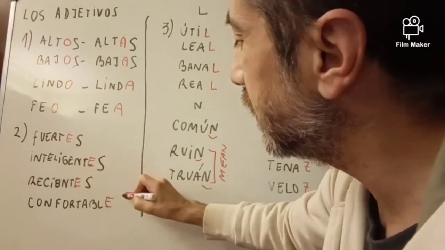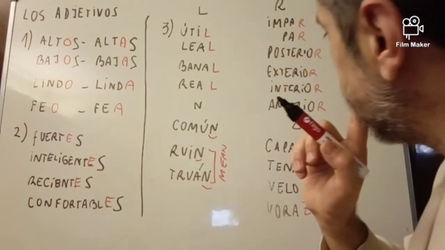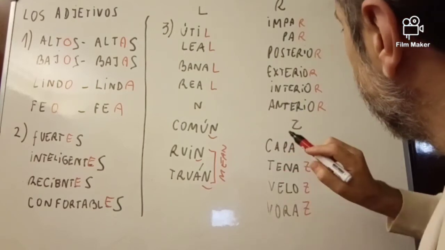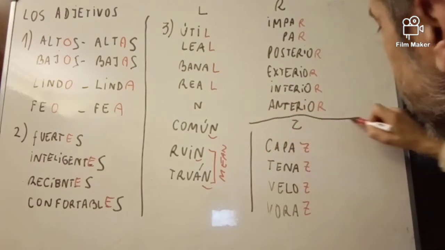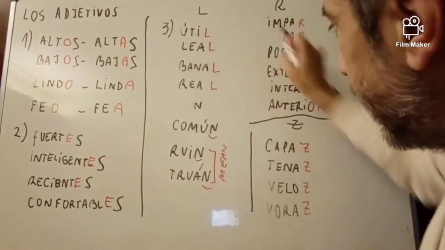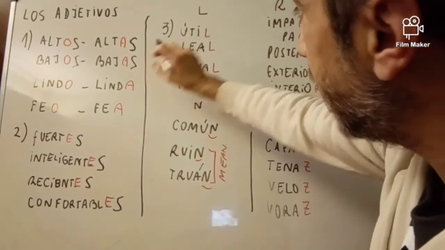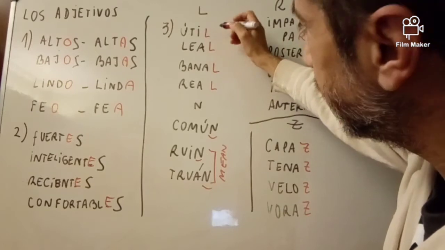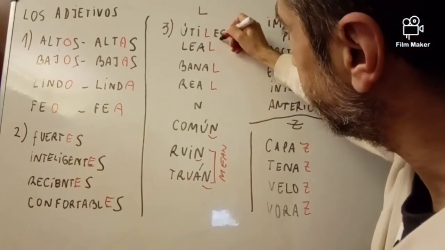Inteligentes, recientes, confortables. In these cases, the exception is here: all these three, as we don't have a vowel at the end, we have to add es.